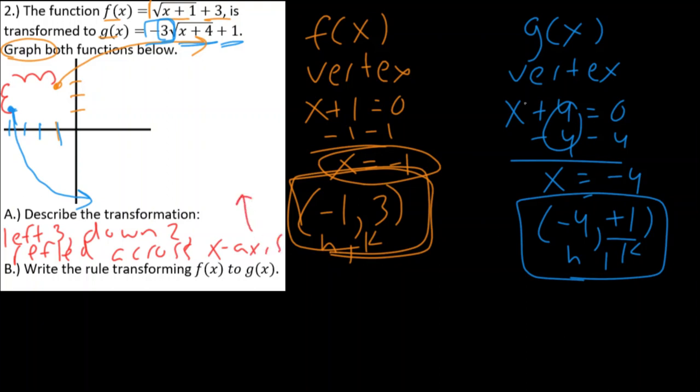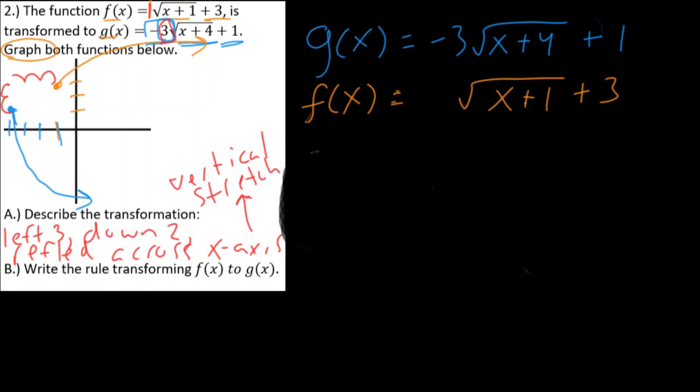And the last thing that I'll just kind of write up here is, since we went from a 1 to a 3, since our a value increased, we actually have a vertical stretch. Now, let's go ahead and write the rule. So I would encourage you to pause the video, finish taking your notes, and let me clean things up just a little bit.